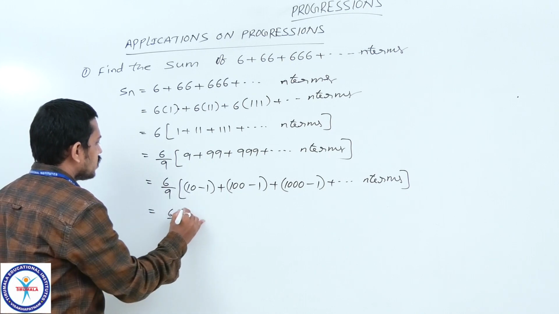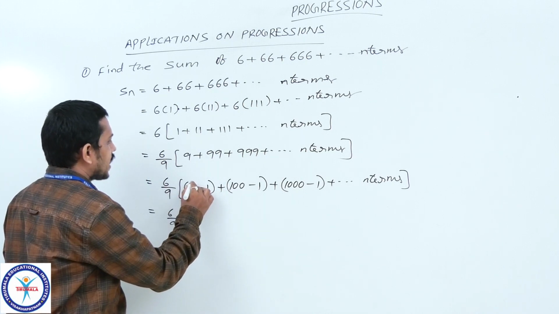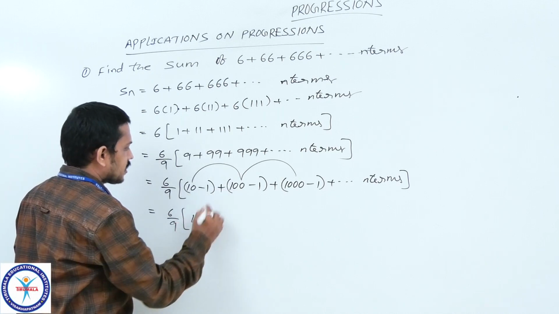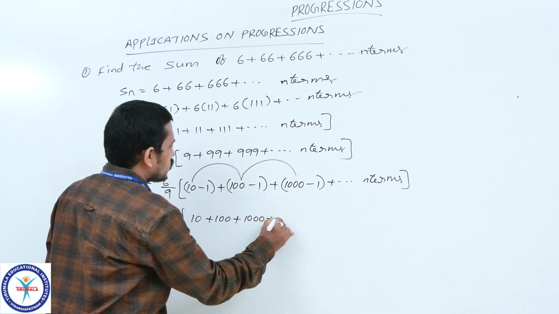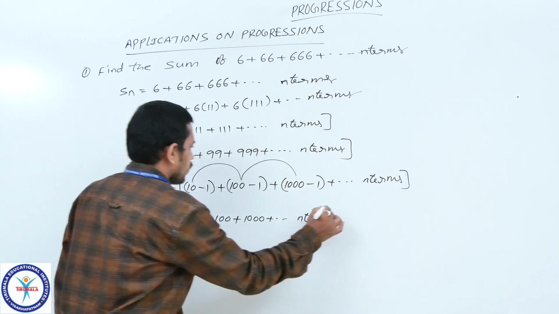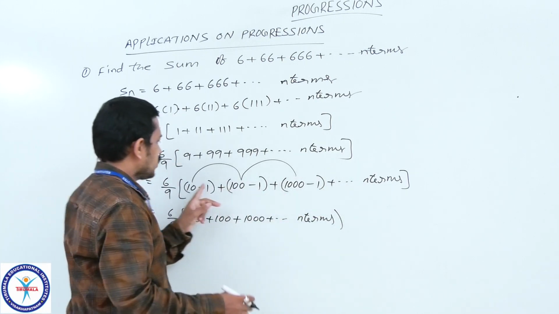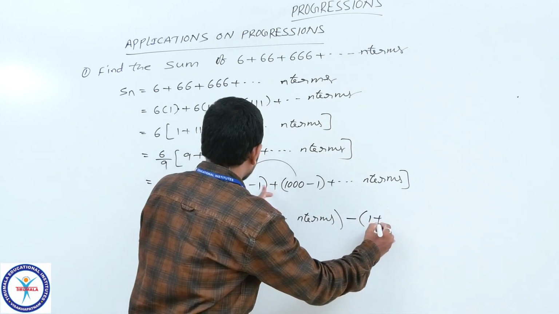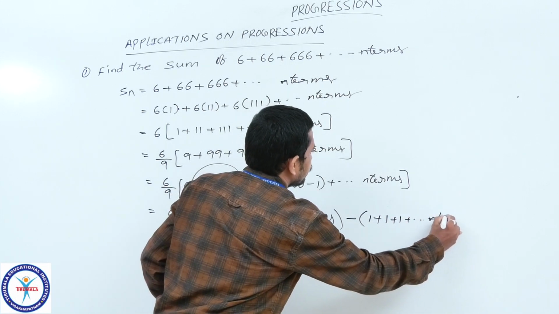Now group the similar terms: 10 plus 100 plus 1000 plus and so on n terms as one group, and minus 1, minus 1, minus 1 and so on as another. Taking minus common, minus of 1 plus 1 plus 1 and so on up to n terms.